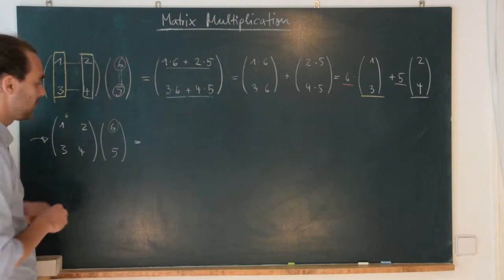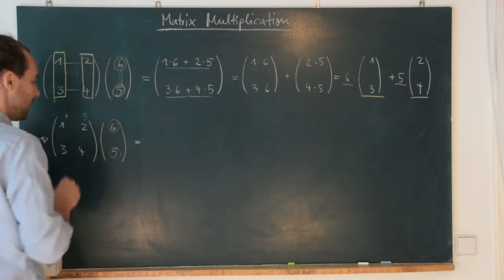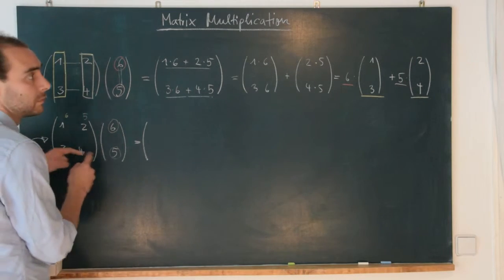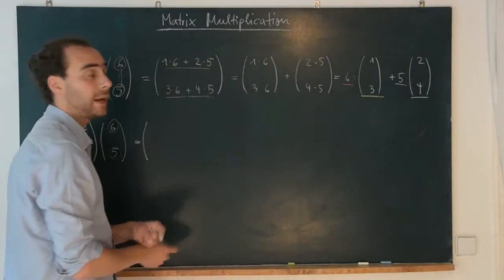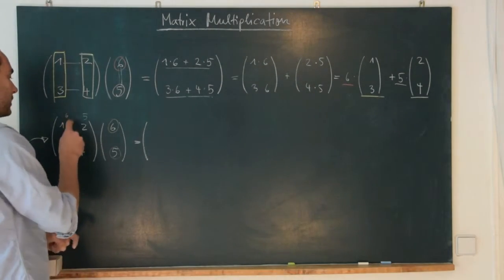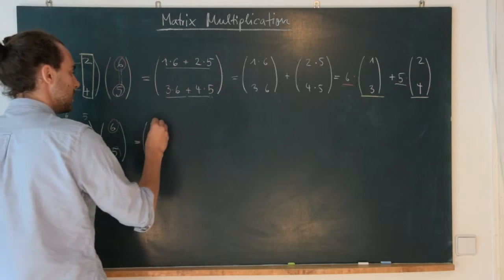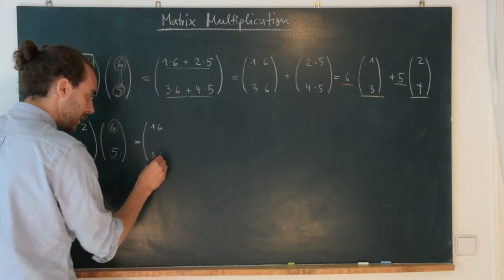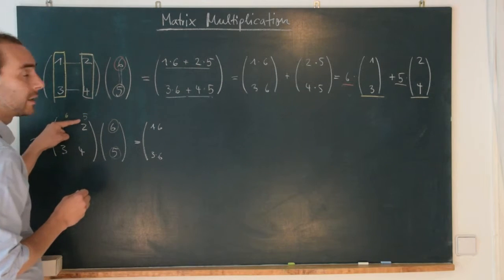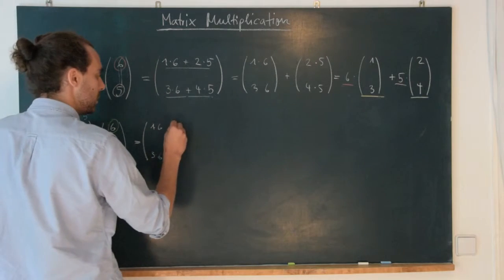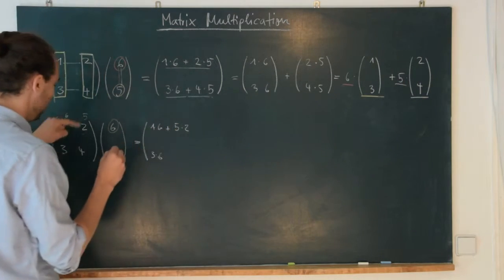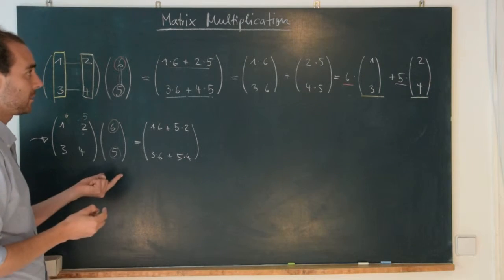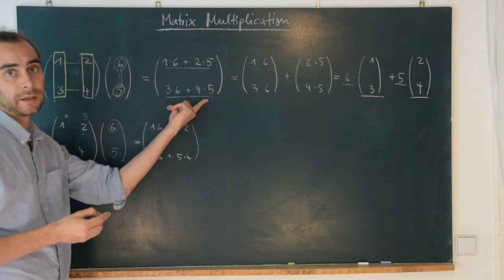And then we take the second entry of the vector and write it here. And now we take this whole column, multiply it by 6: 1 times 6, 3 times 6, and then we add the next column, 5 times 2 and 5 times 4. In my opinion, that's much faster and exactly the same as here.